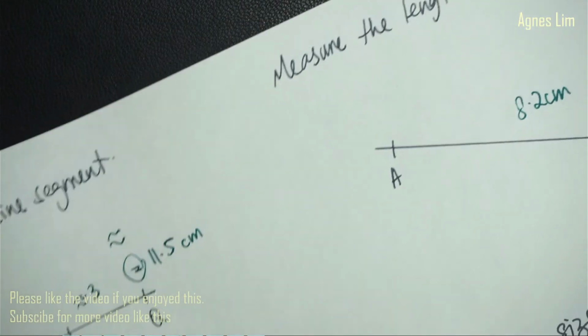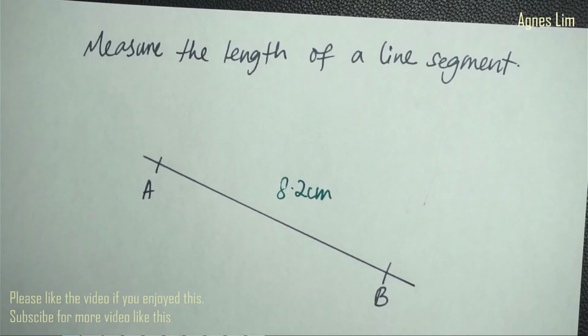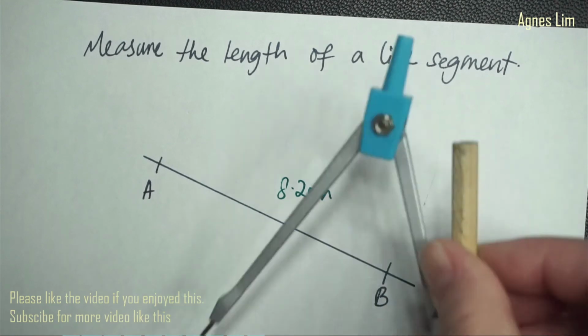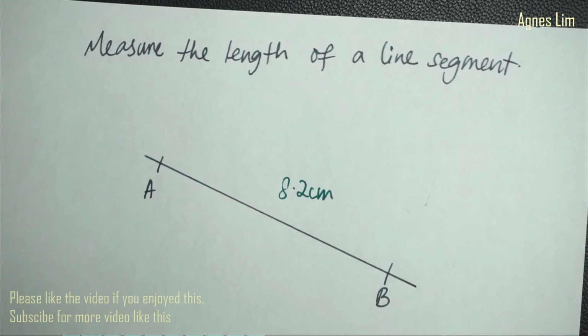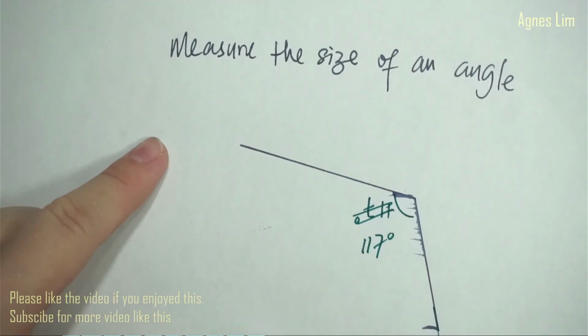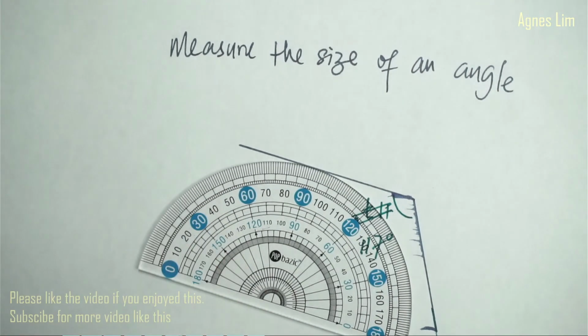Next, we learn how to measure the length of the segment. Number one, using a ruler, preferably use a compass. Last one will be measuring the angle using this one, which is your protractor.